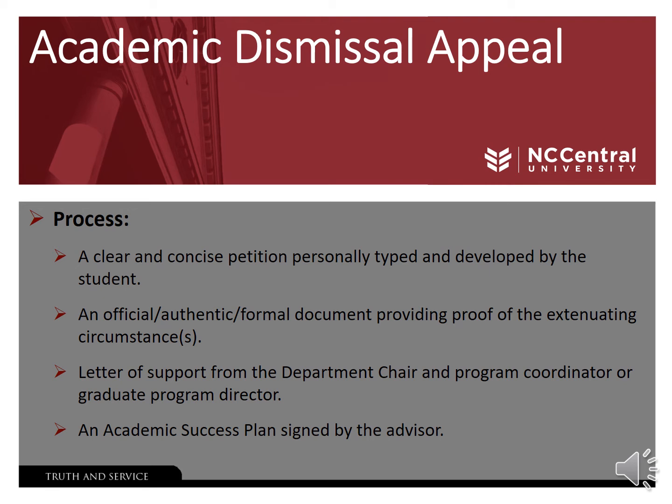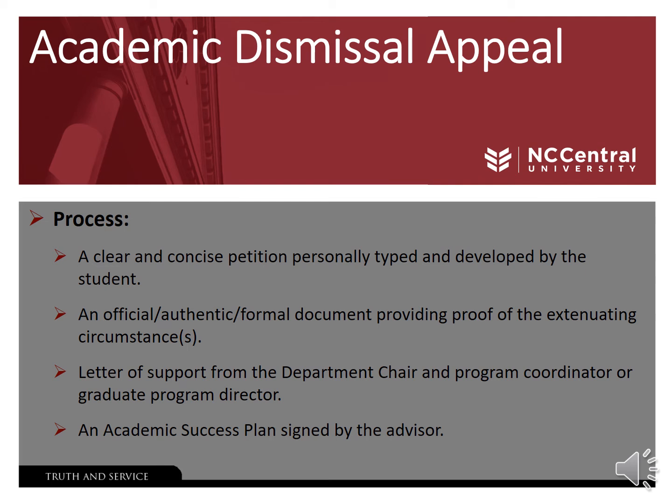For example, if the student was sick or was caring for a sick relative during the semester that he or she had a bad grade, the appropriate documents will be letters from physicians, hospitalization records, and similar documents. These items must be sent to the student's academic department.